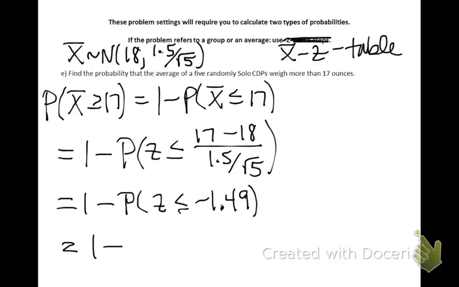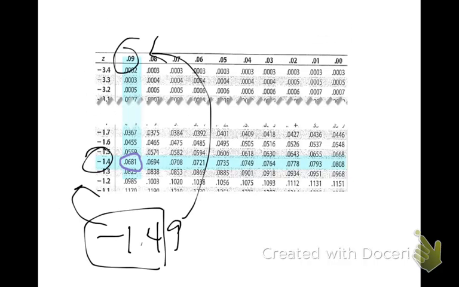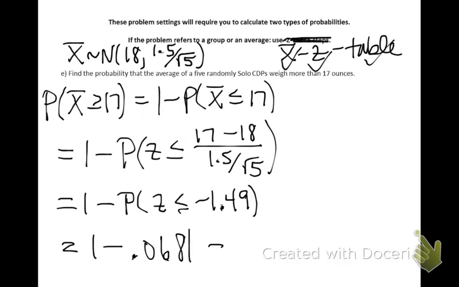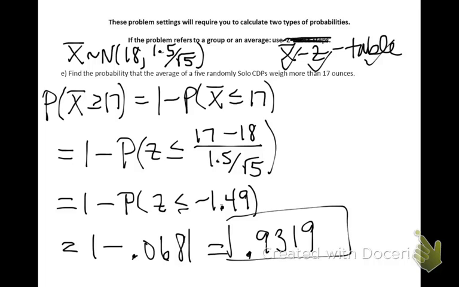Now that we've written it in terms of X and converted to a Z, we're ready to go to the table. Negative 1.49 occurs with probability 0.0681. This gives a final answer of 0.9319. So for a group of 5, there's a 93% chance that their average would be more than 17 ounces.